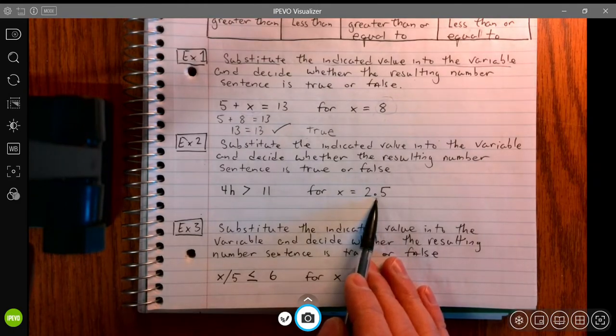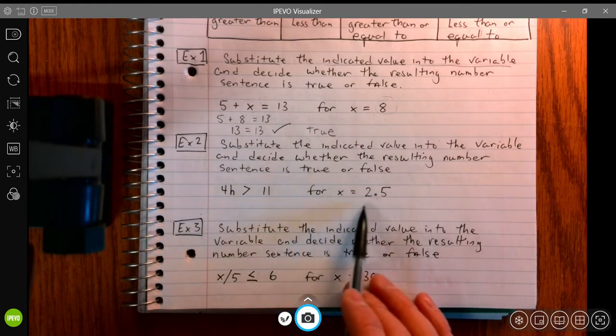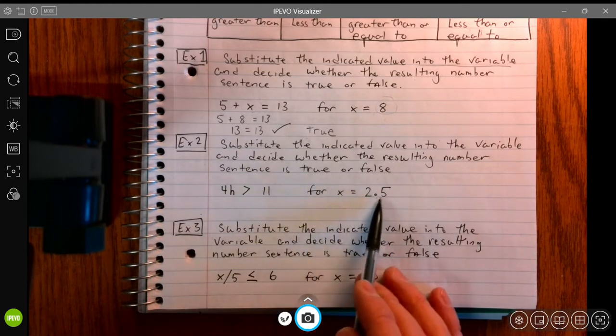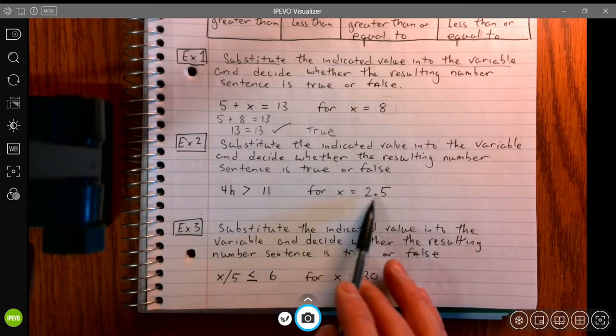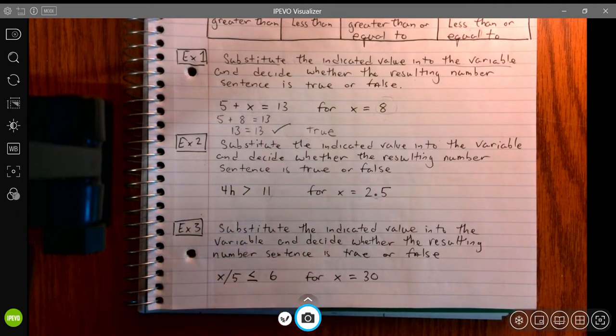What I'm going to do is take this indicated value for the variable and plug it into our inequality statement.